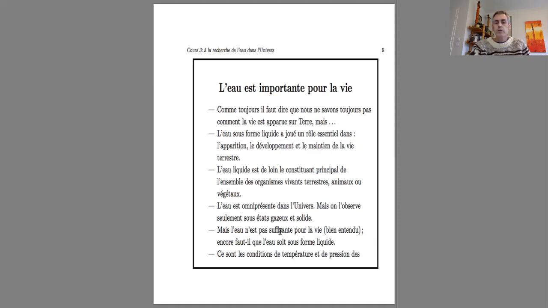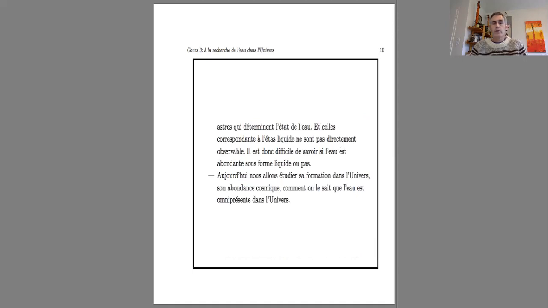It's the temperature and pressure, of course, that determine which physical state water is in. And these properties are not directly observable. So it makes it hard to confirm that liquid water is abundant in the universe, but we can at least determine that water is abundant in the solid and the gaseous forms.